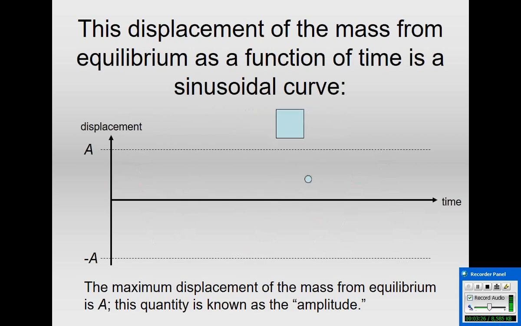Notice that when the square is farthest to the right, the little circle is at the highest point of its motion at a displacement of capital A. When the square is farthest to the left, the little circle is at its most negative displacement, namely at negative A. And when the little circle passes through zero, that means that it's passing through a displacement of zero. That's when the object is in its equilibrium position.